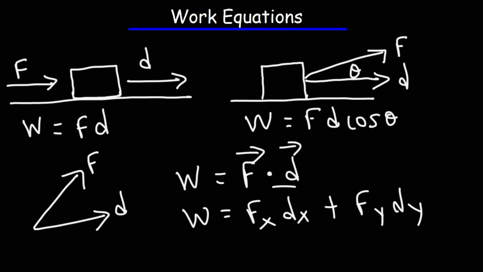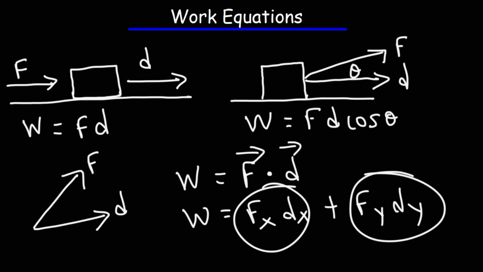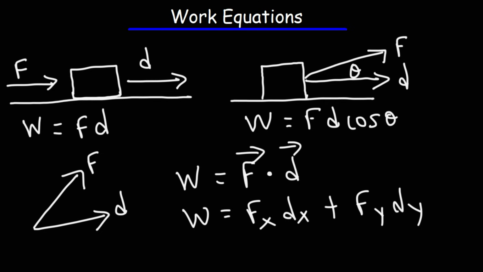This will give you the work done in the x direction, and that'll give you the work done in the y direction. Since work is a scalar, you can just add them together to get the total work done by that force. So that's how you can calculate the work done by a force.